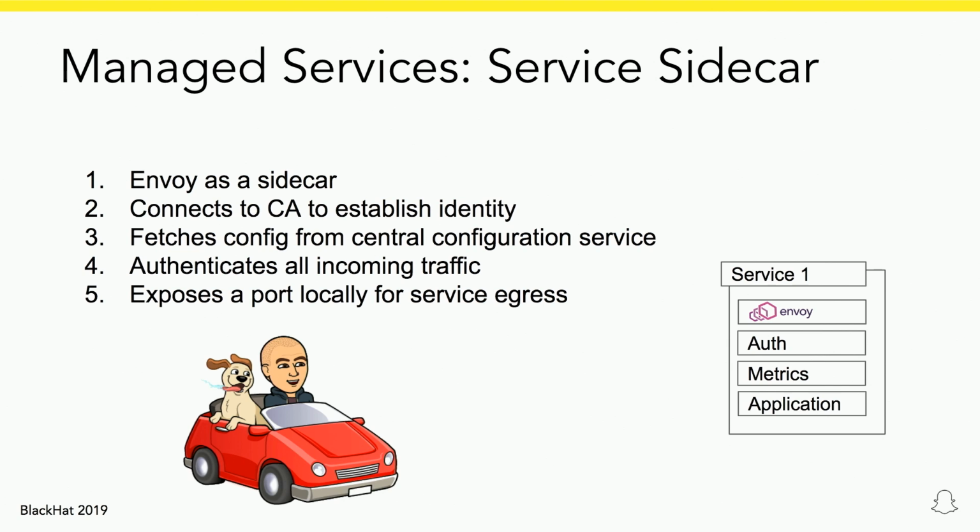And then it also exposes a port locally for the egress traffic of the service to be routed externally. So this means the application developers don't need to do any TLS, encryption. They don't need to do authentication. They're just sending raw traffic, either HTTP, gRPC, and Envoy is adding those components on top. And it also gives us visibility with all those metrics.